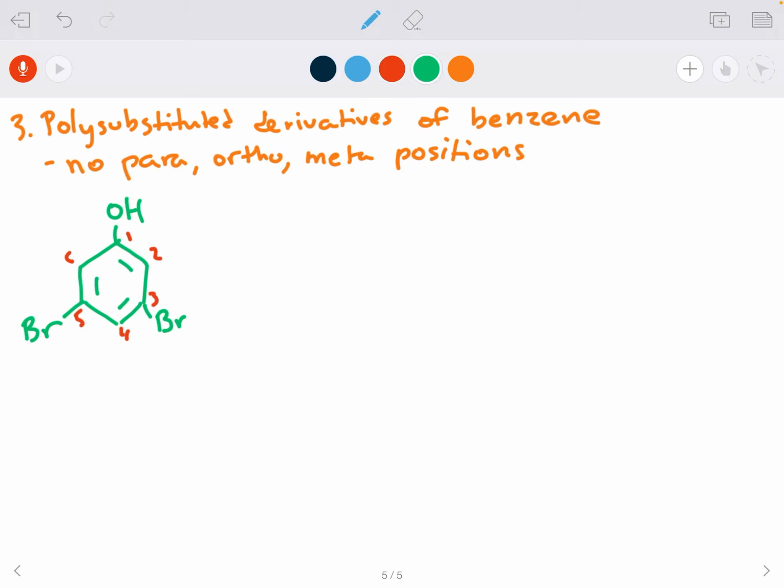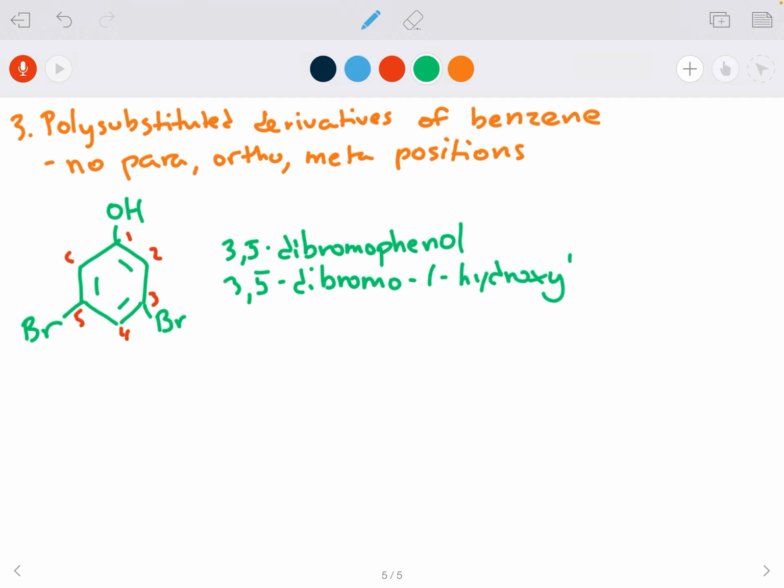So this compound would be 3,5-dibromophenol, right? That's one way I could call it. I could also call this 3,5-dibromo-1-hydroxybenzene. That's another way I could name it.